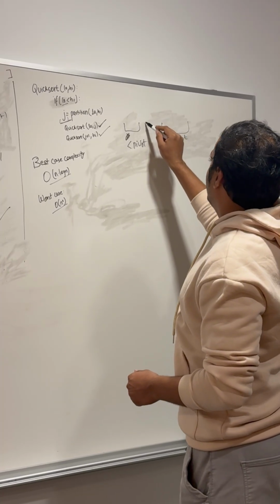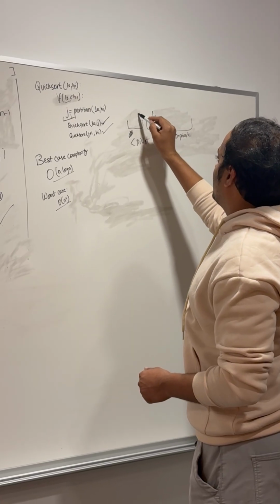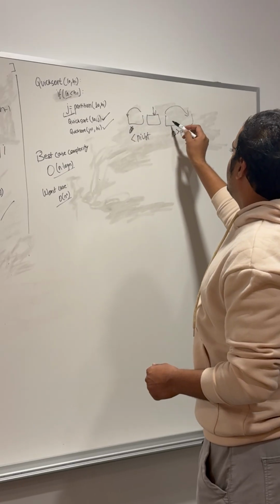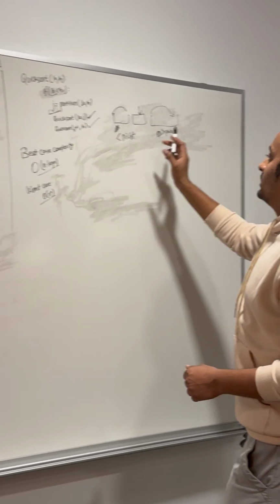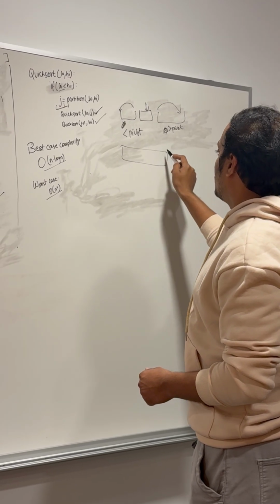So quicksort first finds this, and then again applies the algorithm to the shorter arrays after this. Essentially, the final array that we get will be in sorted order.